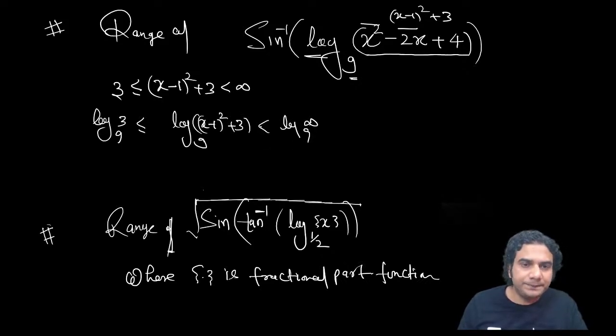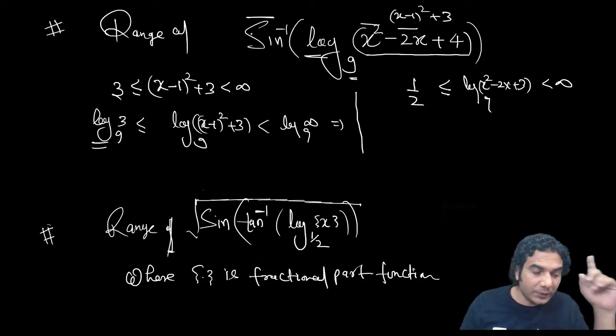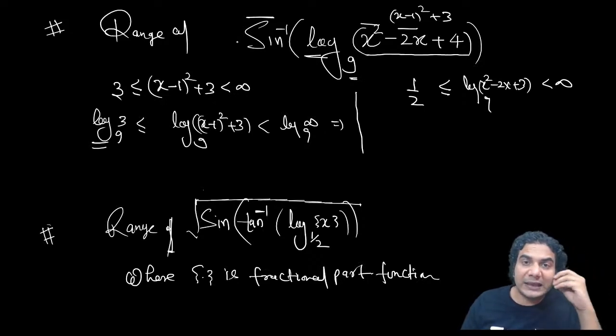All right. Then this function is going to be between: log of x square minus 2x plus 3 base 9 is less than infinity and greater than or equal to, this is nothing but 1 by 2. So 1 by 2 to infinity. Now you need to put sine inverse, but this is an important point. You can put sine inverse only on the values which lie between -1 and 1.